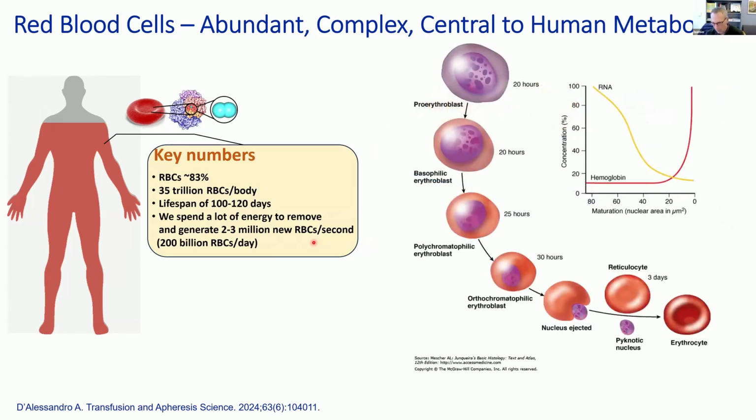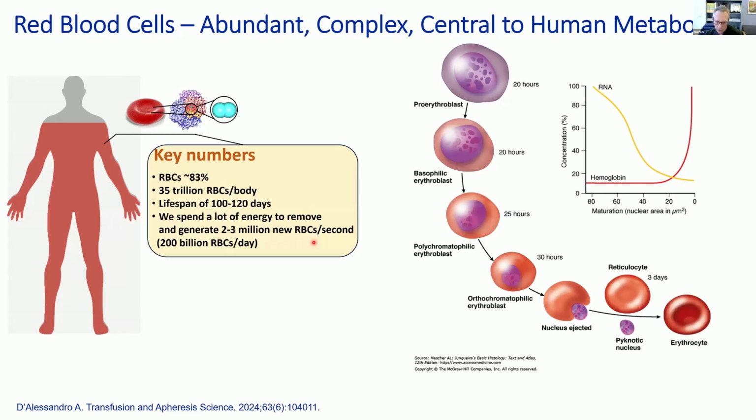If you look at the overall production of an erythrocyte, it goes from the pro-erythroblastic stage all the way through many cellular types in the bone marrow until it's finally ejected from the marrow itself as a reticulocyte, and then matures into erythrocytes.